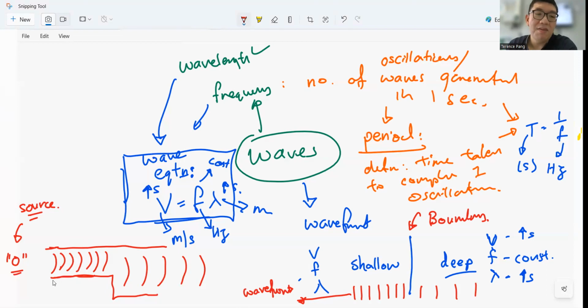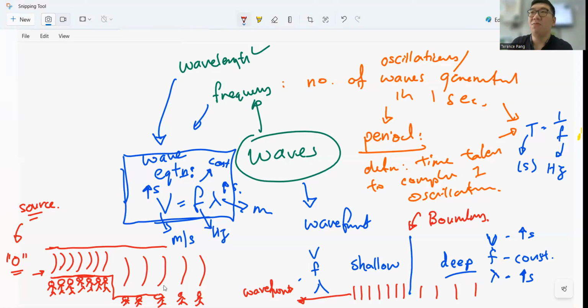Okay, one way you can think of it is if you translate each wavefront to a human being. Imagine this is a room where you can enter. The first room is a smaller space, so the people are being squeezed together. Whereas when you enter the next room, there's more space, so they have more space to move and are spread further apart.